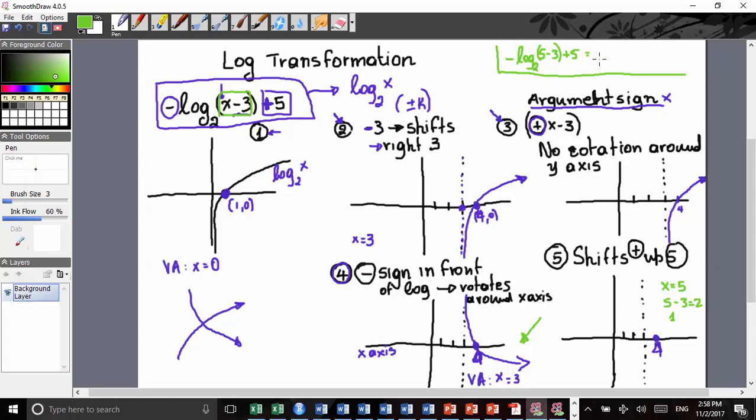And this is going to be negative log with base 2 of 2, that is 1, plus 5. So this is going to be equal to 4. So this means that my intercept will be, when the x is 5, right here, then my function will be equal to 4.